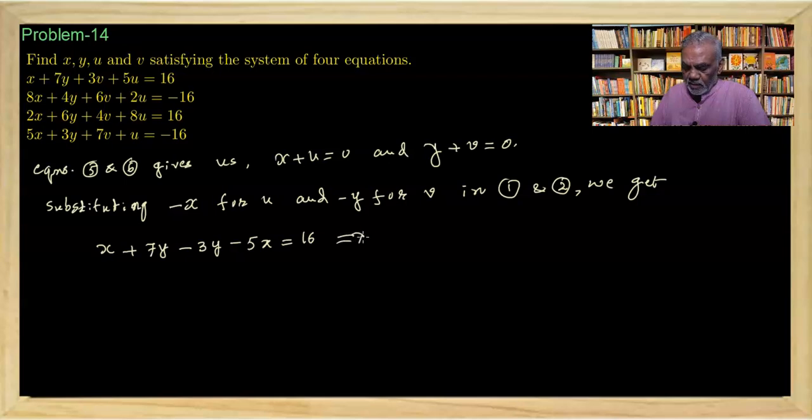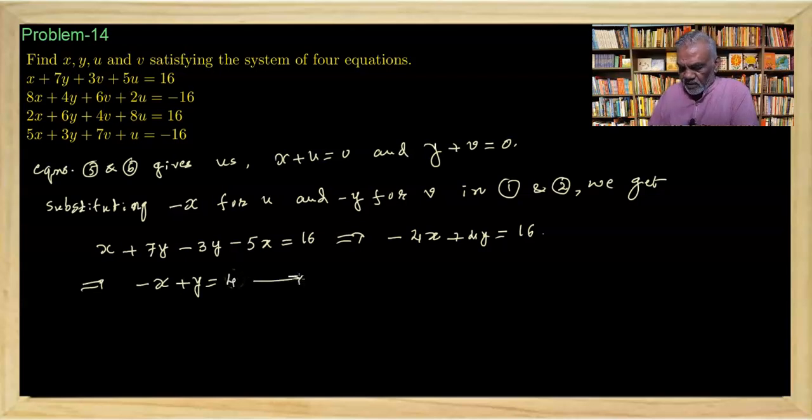That is minus 4x plus 4y is equal to 60, and this will give us minus x plus y equal to 15. Let me call this equation number 7.